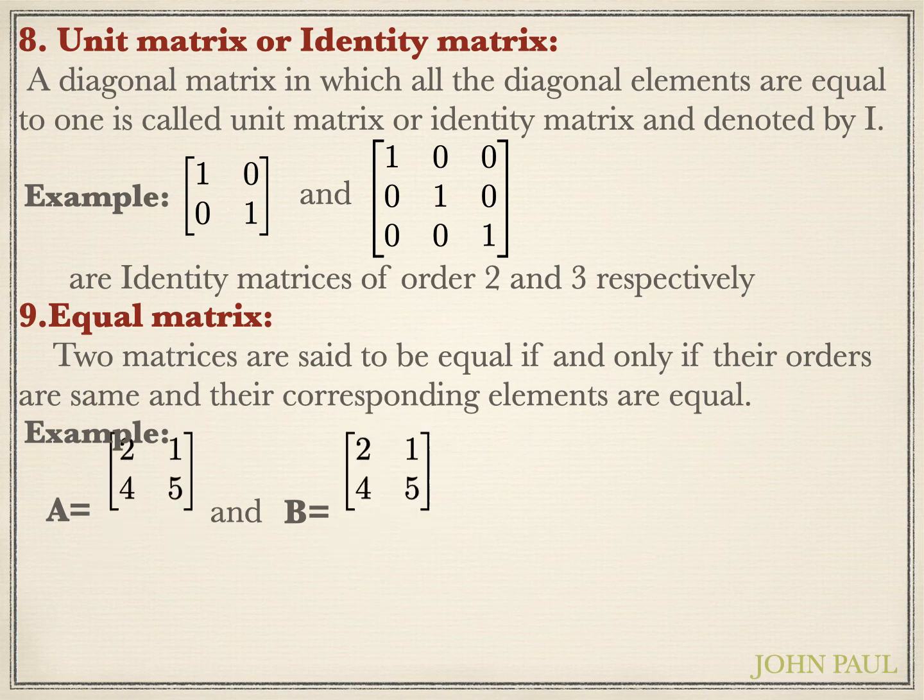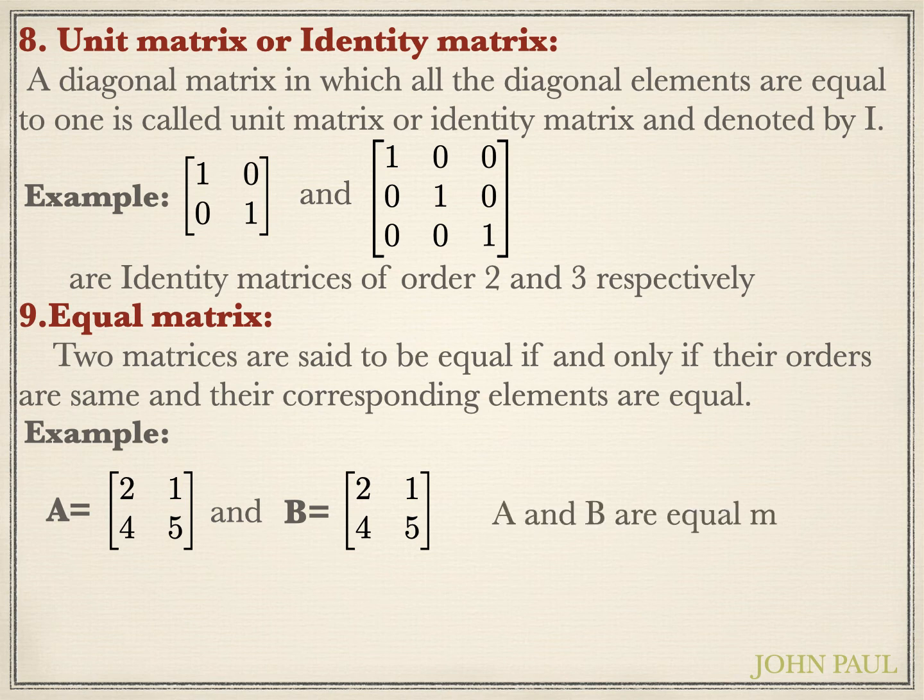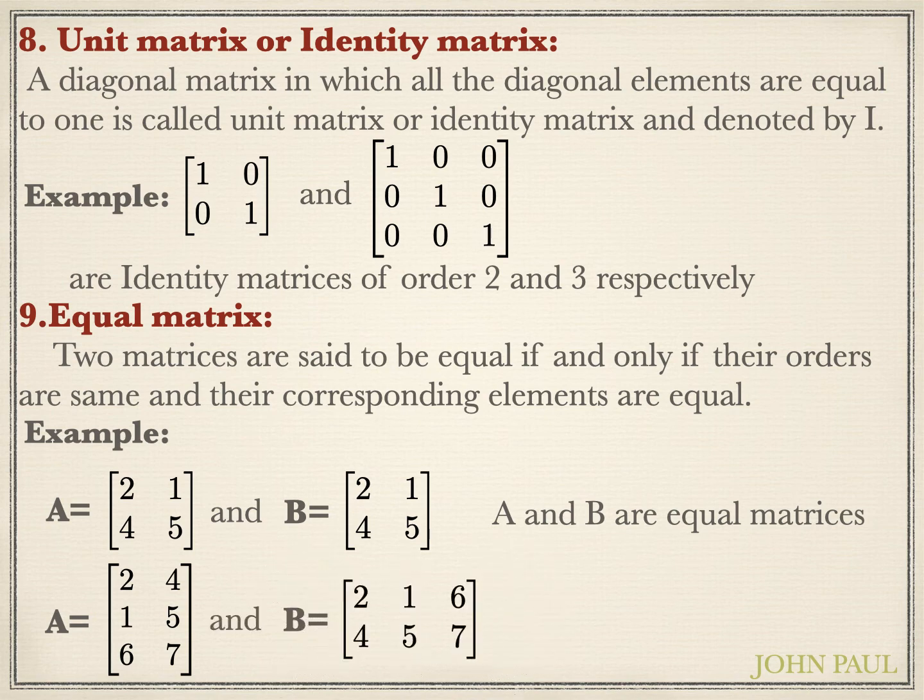Now in this, say the values of matrix A and B are equal. Therefore, A and B are equal matrices. One more example, A equal to a matrix and B is one more matrix. Here A and B are not equal matrices.